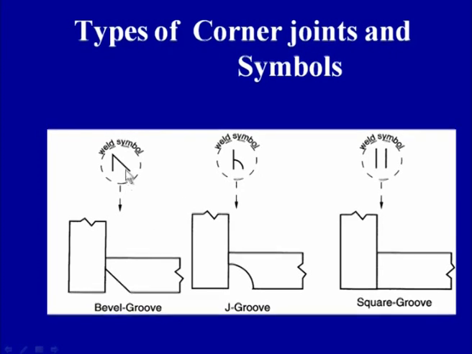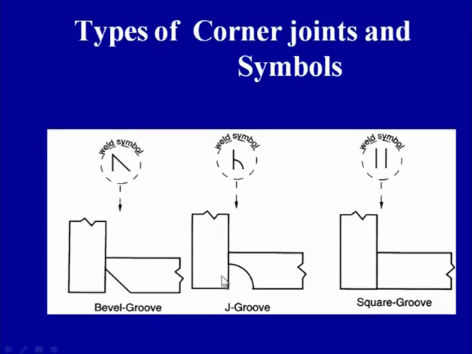This is the weld symbol for the bevel groove, and the J is for the J groove for making the corner joint. The J groove geometry is developed on the edge of one plate to be joined with the other member, which is square machined.